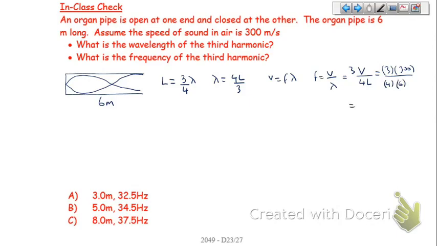So this is going to be 900 over 24, which equals 37.5. And my wavelength? Lambda is equal to 4 times 6 over 3, which equals 8 meters.